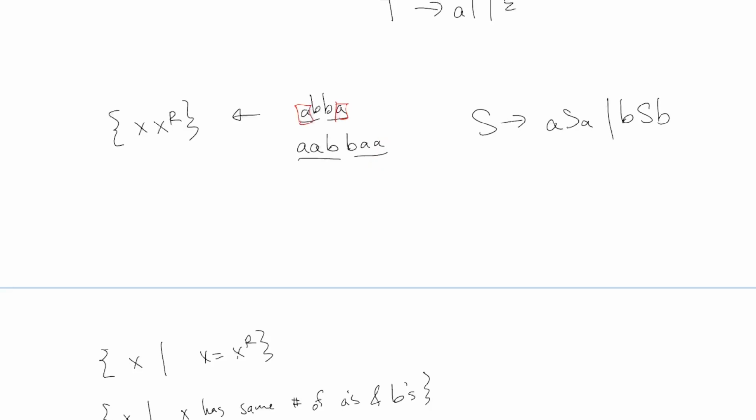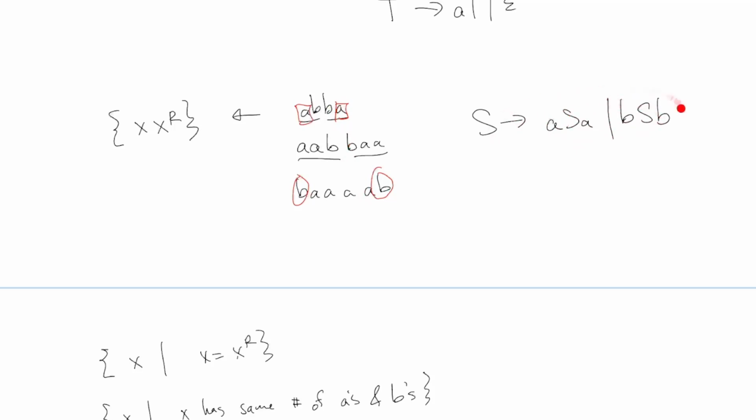If it starts with a B, like BAB, this one starts with a B and ends with a B. If you want to create a string like that, you can imagine that string growing from the middle outwards, and it can grow according to these two rules. You can make any of these strings by using those two rules, growing the string from the middle outwards. I think this is pretty much it.